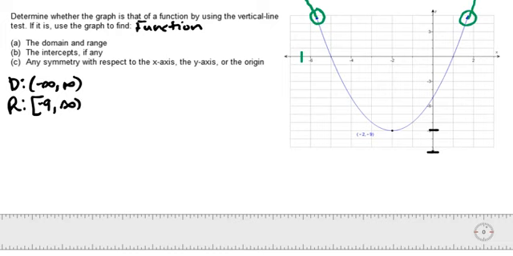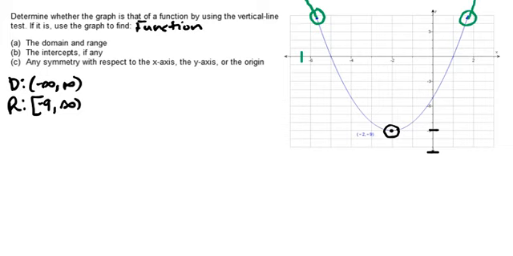And hopefully you noticed I put a bracket on -9. I put a bracket on -9 because this point has a closed-in circle, and that means that it's part of the graph. And so -9 is part of the range, and that's how I indicate it with interval notation. A bracket means that -9 is part of the set. It is included as part of the range.